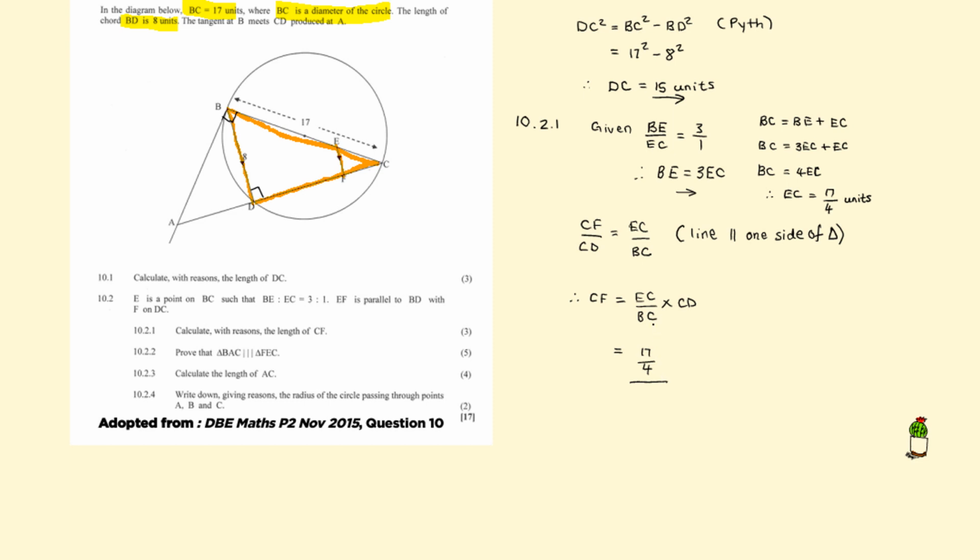This is divided by BC, which is 17, multiplied by CD, which is basically DC. This we calculated above as 15. You can then plug all of this into your calculator. This will give you that CF is equal to 3,75 units. So this is how you would have calculated CF using lengths.